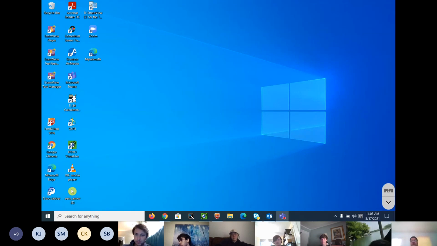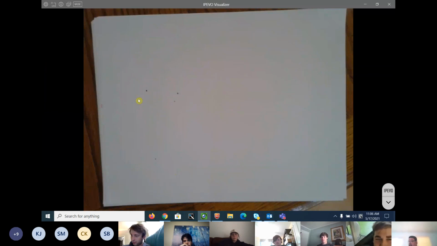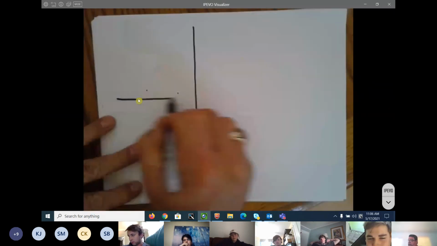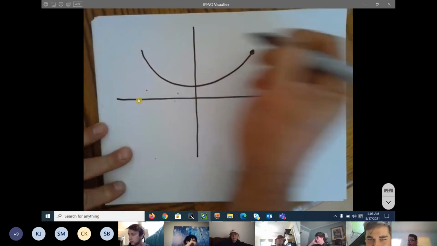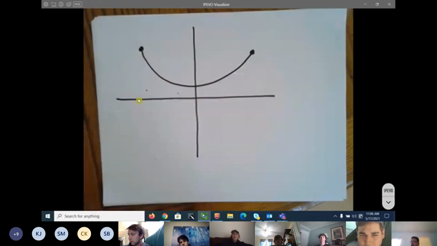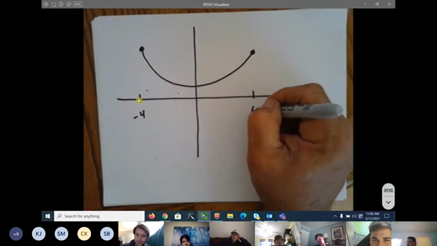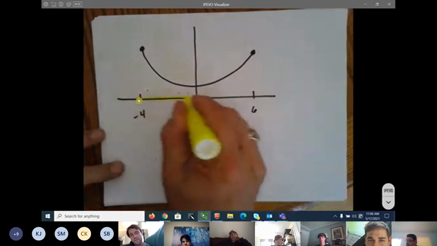Make sure you can tell the domain and range. What is the domain? The domain is the x input values. If I've got a function, and this is -4 and this is +6, my domain is from -4 to +6.